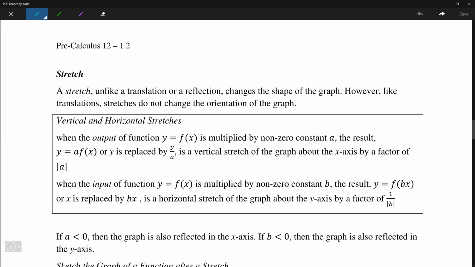If a were negative, it would be a stretch by a factor of the absolute value of a and also a reflection. It also says here if y was replaced by y over a, and that has to do with the fact that if we divide both sides of y equals a f of x by a, this is the same as y over a is equal to f of x.